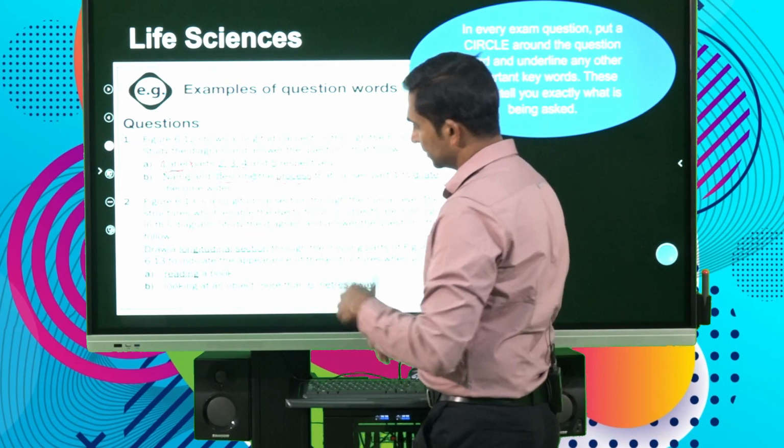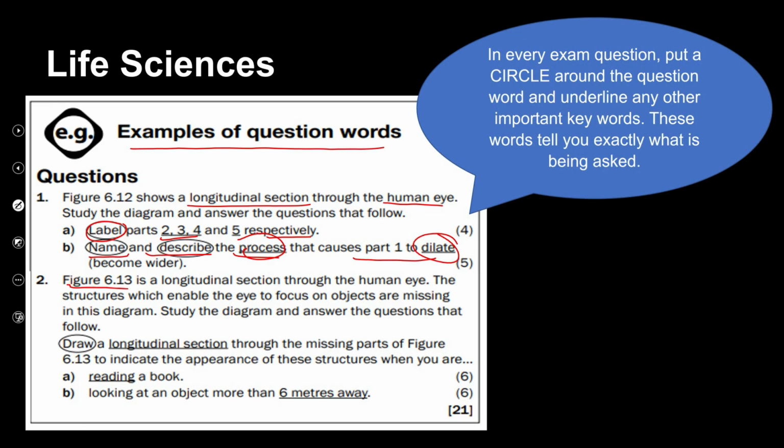Further down, I'm going to read through this. Figure 6.13 is a longitudinal section through the human eye. The structures which enable the eye to focus on objects are missing in this diagram. Study the diagram and answer the questions that follow. Draw a longitudinal section through the missing part of the figure. It's clear, guys. It requires you to draw. Specifically, it points to the longitudinal section.